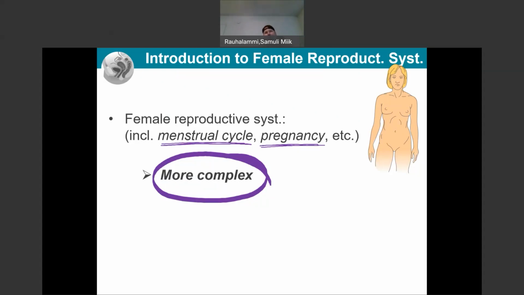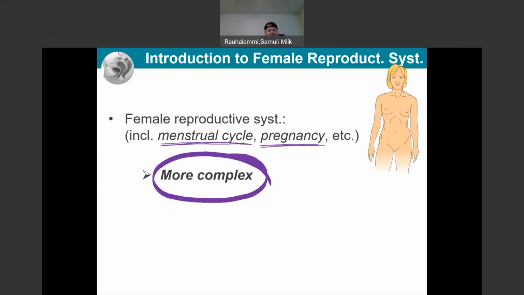If we think about the role of the female reproductive system, we have a little bit more to do, not just to produce the egg cell, the ova, and not just to produce the sex hormones, but also to prepare for sustaining that fertilized egg cell if fertilization happens. So this goal makes it a little bit more complex, and we end up seeing a menstrual cycle that's about 30 days.